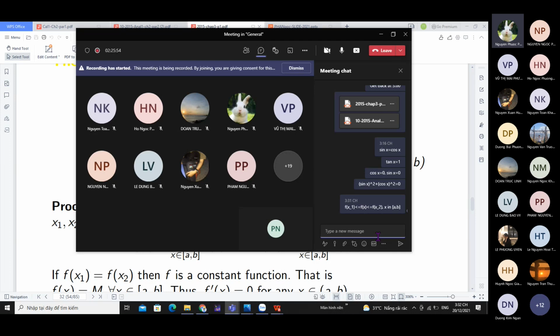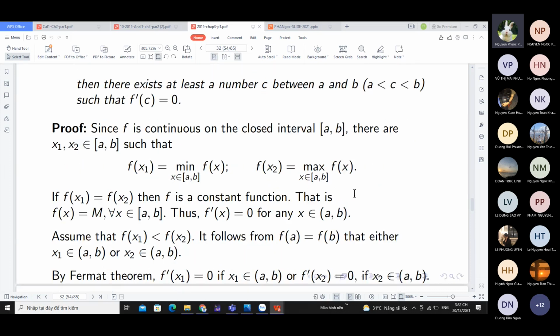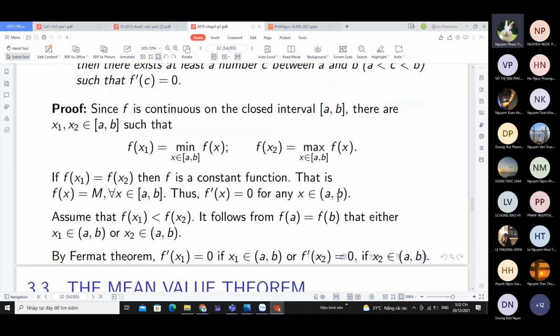And if f is a constant function, clearly f prime of x equals 0 for any x in the open interval AB. You can choose any number C in the open interval AB, because f prime of x equals 0 for every x there. That's why C here is just any number of the open interval AB.